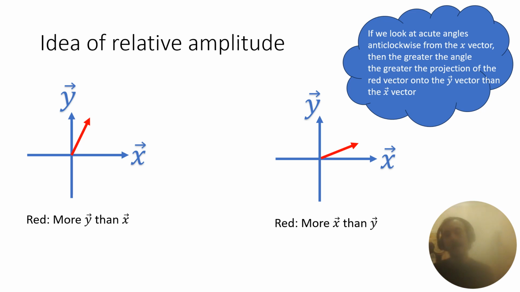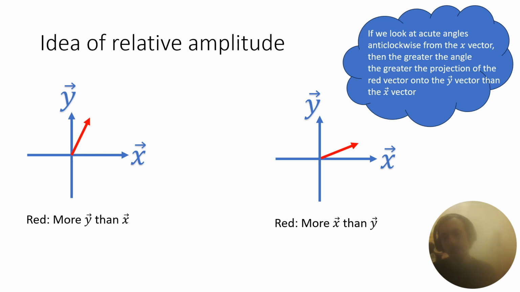So if we look at our diagram on the left and right, we've got a red arrow, and I'm using the red arrow to represent a quantum state. And Y and X are my classical states.